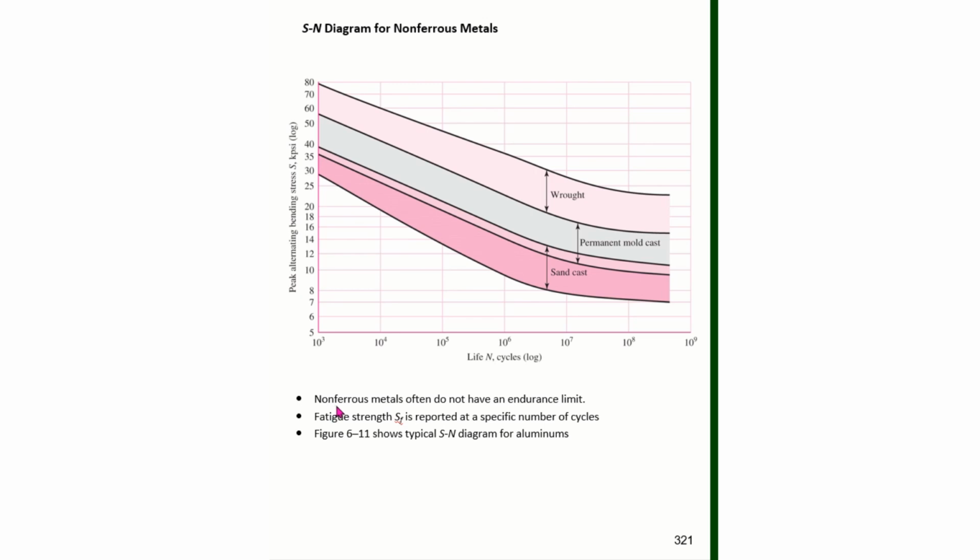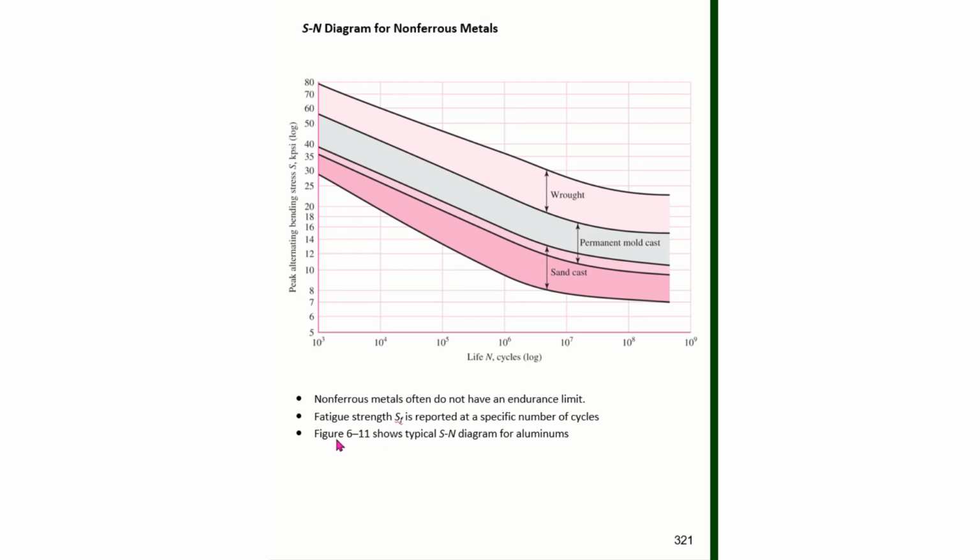Takeaway points are non-ferrous metals often do not have an endurance limit. Fatigue strength SF is reported as a specific number of cycles. So in order to report SF, you need to have SF at 10 to the 5th cycles, or SF at 10 to the 4th cycles.